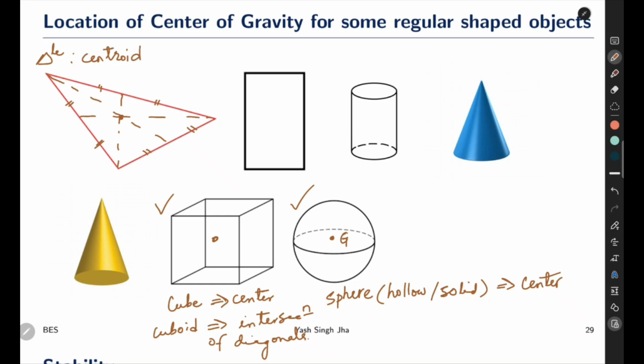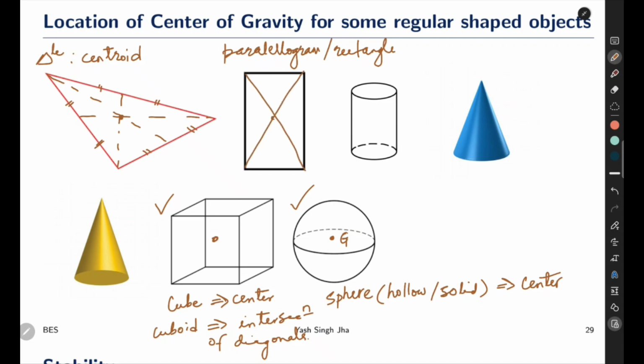For a parallelogram, rectangle, or square, it's the intersection of diagonals.